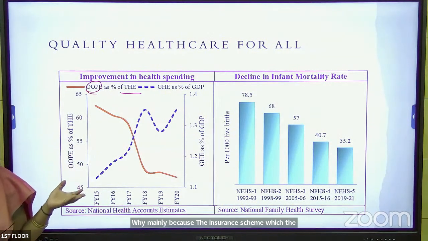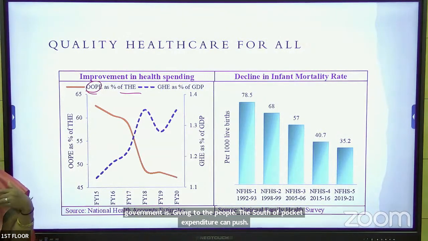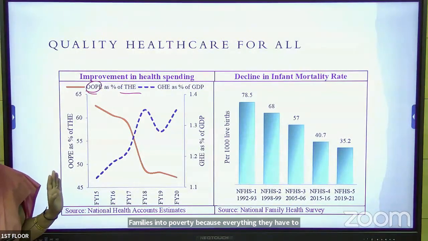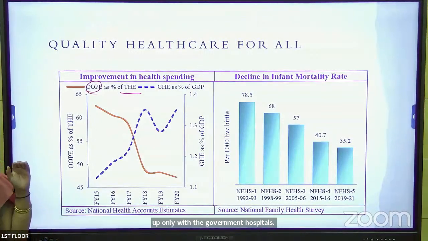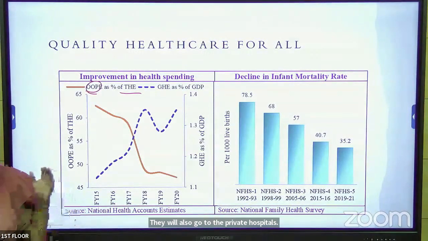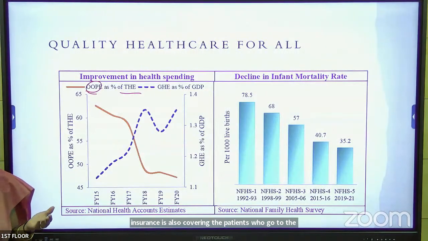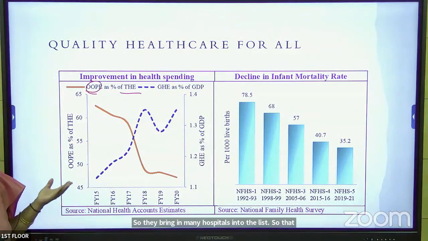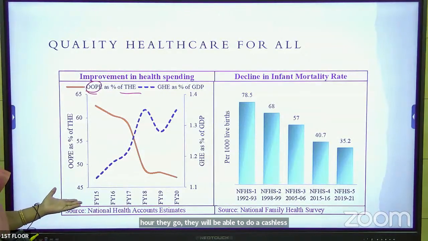This out of pocket expenditure can push families into poverty, because if they have to spend everything out of their pocket, mostly they won't end up only with the government hospitals, they will also go to the private hospitals. But the insurance also covers patients who go to private hospitals through the empanelment procedure. So they bring many hospitals into the list. Wherever they go, they will be able to do a cashless payment, or reimbursement will be given to them.